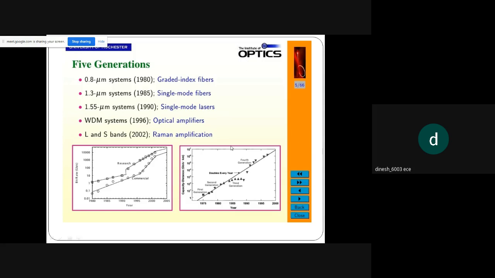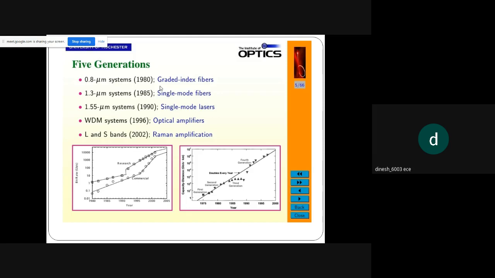Okay. So in the year 1980, the wavelength used in the first generation was the 0.8 micrometer systems. The same diagram is shown here. And the type of fibers used was graded index fibers, GI fibers.